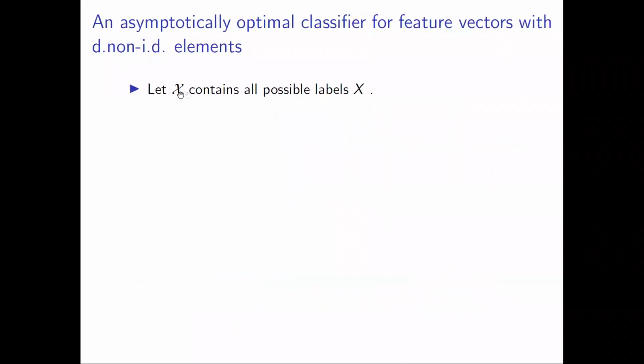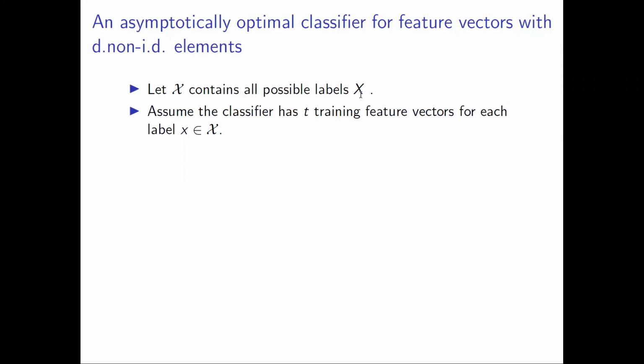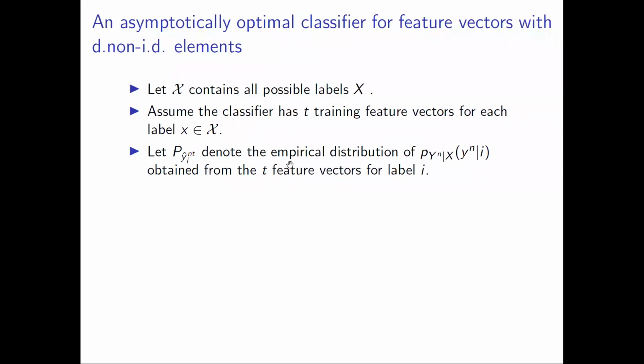Okay, so let calligraphic X contain all possible labels x. Let's assume that the classifier has T small training feature vectors for each label that is in X. Okay, and then let P-hat_i^T denote the estimation of the channel for label i from the T feature vectors.